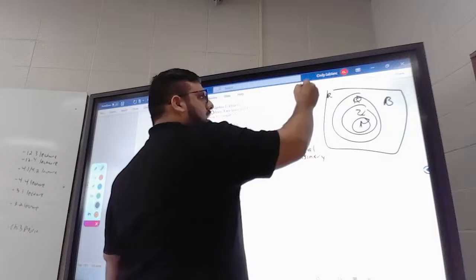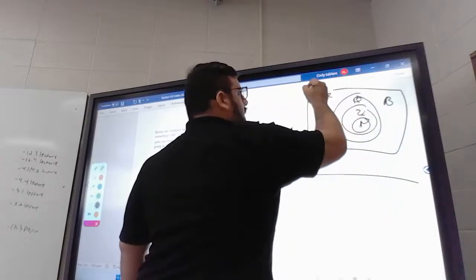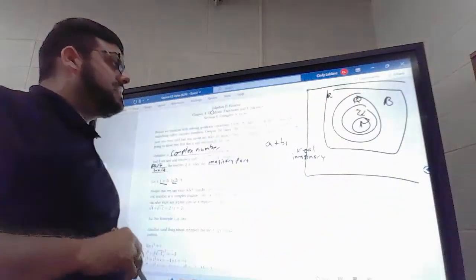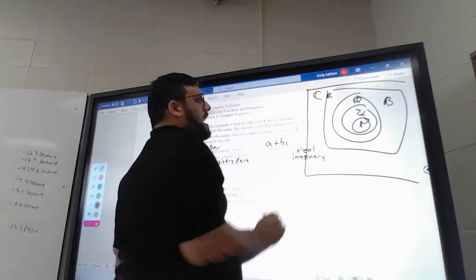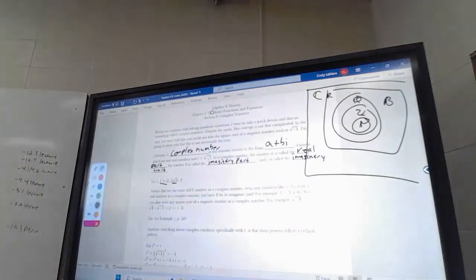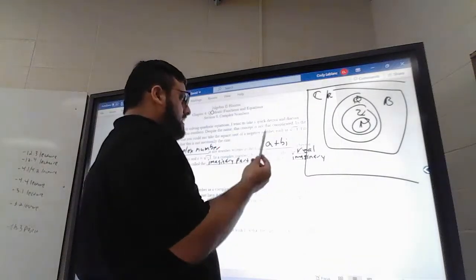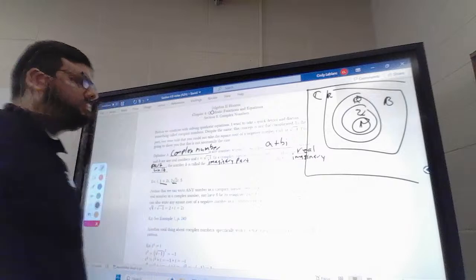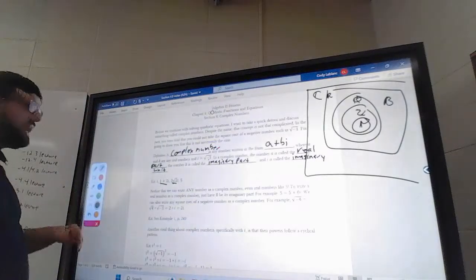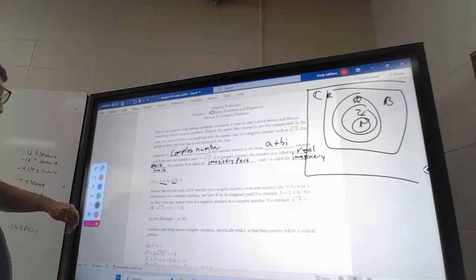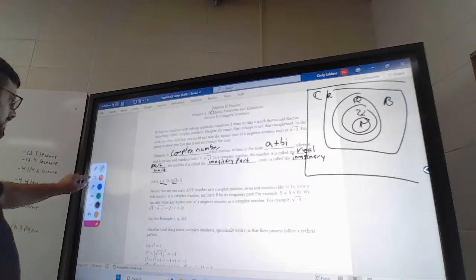But the truth of the matter is, there's an even bigger universe than that. And that's where complex numbers come in, because all real numbers are just complex numbers with an imaginary part of 0. So yes, even outside of real numbers, there's a whole universe of numbers.